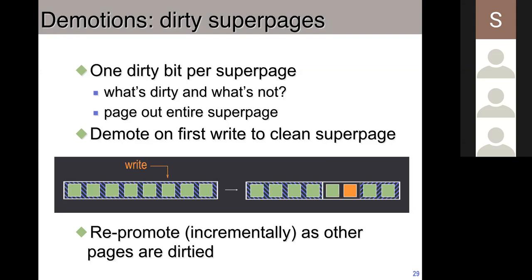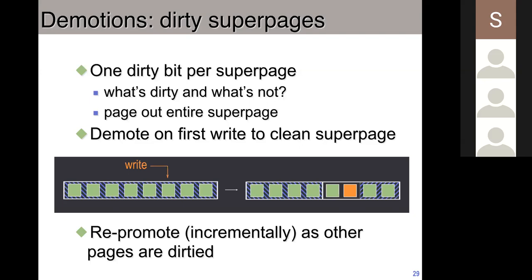So the question is, could you only swap out the part of the super page that's dirty, and not swap out the rest of it? The answer is yes, provided we can identify which part of the super page is dirty.